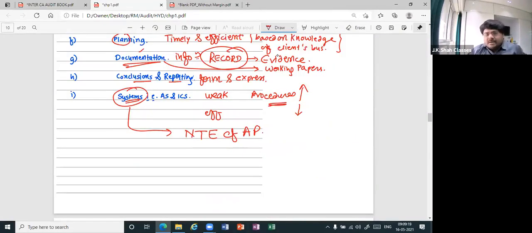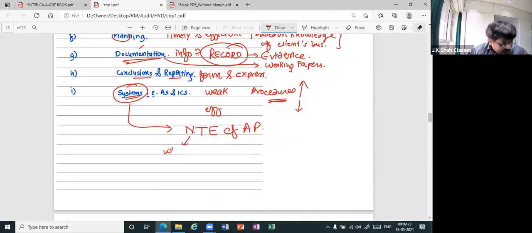What is NTE of AP? Nature, timing, extent of audit procedures. Nature means which procedure to perform. Timing means when to perform. Extent means how much to perform. What to perform, when to perform, and how much to perform will depend upon the systems, whether the systems are efficient or inefficient.